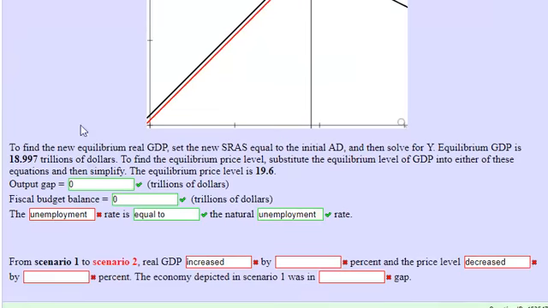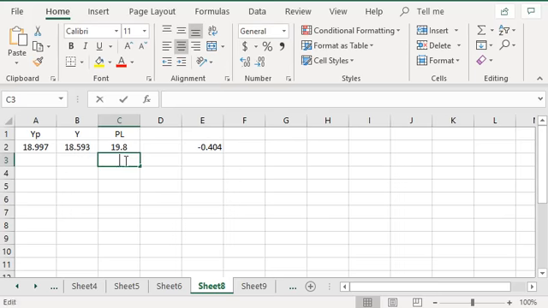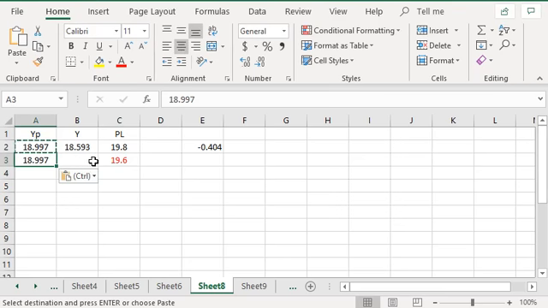Scenario 2 GDP and price level is 18.997 and 19.6. So price level is 19.6. And in scenario 2, potential GDP is still 18.997. And because of the self-correcting mechanism, high unemployment causing wages to fall, GDP rises to equal potential.